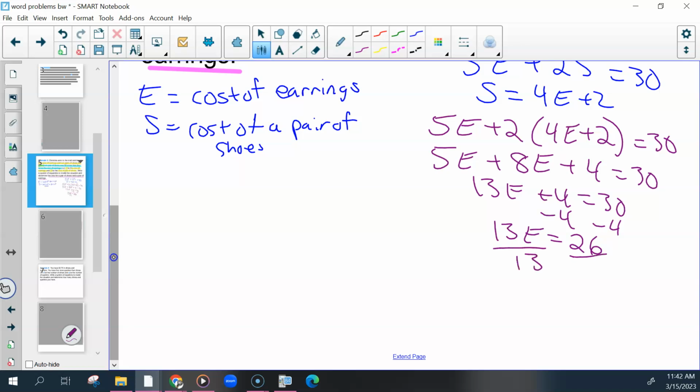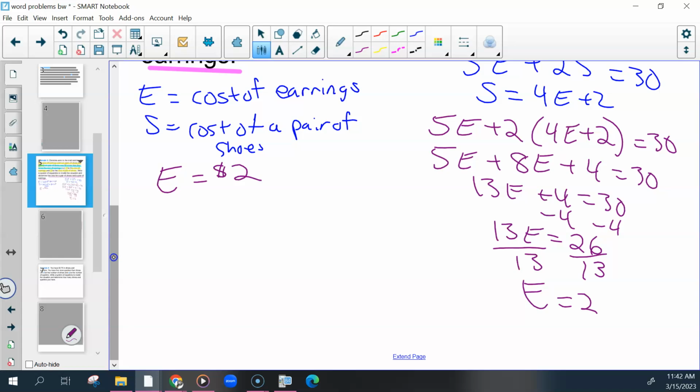So the cost of the earrings is what? So you would either say E equals $2 or you would write it out in a sentence. Earrings cost $2.